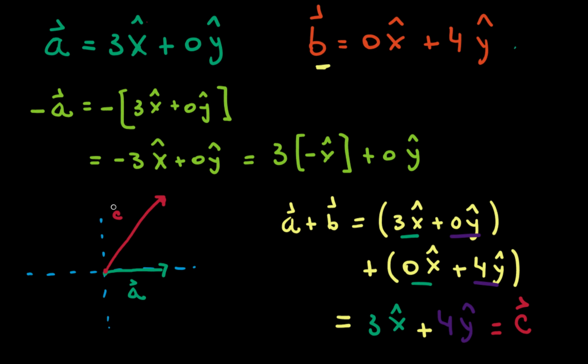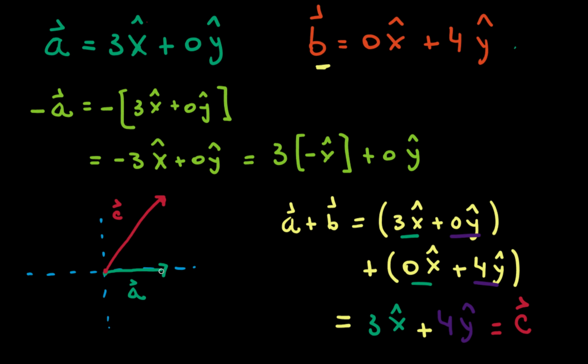So this is C. I made a very special choice here. I could have drawn C anywhere because it is just an arrow that is 3 units in the x direction, 4 units in the y direction. But again, I didn't say where the arrow was supposed to start or end. I just chose this point right here.